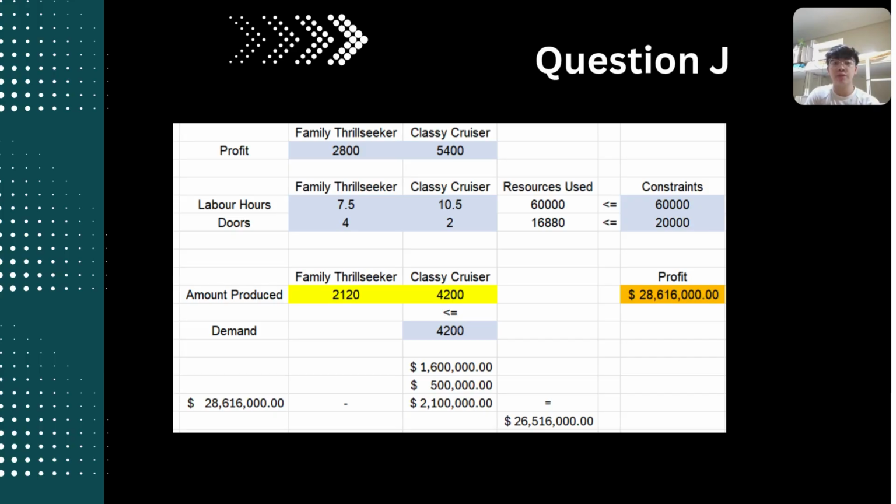After subtracting the 500,000 advertising spend and 1.6 million overtime premium, the net profit is 26.516 million. The takeaway is that even with the lower margin on Thrill Seekers and the higher assembly time, the combined strategy of advertising and overtime is still the most profitable course. We recommend Rachel proceed with both initiatives and produce the quantities shown.